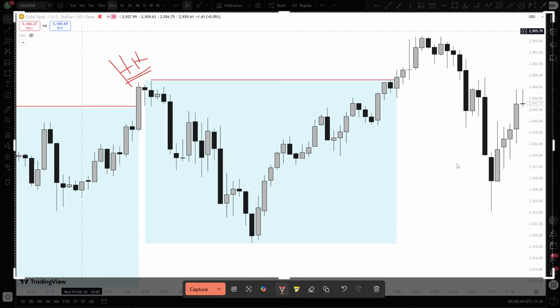And this candlestick, the moment it gave us a breakout, what do we have? This is our lowest point. So this one becomes our higher low. Okay, it becomes our higher low. So that's how you mark. You are done.